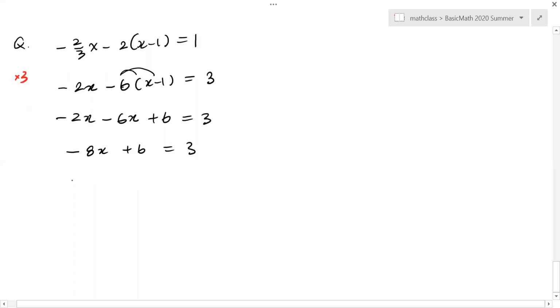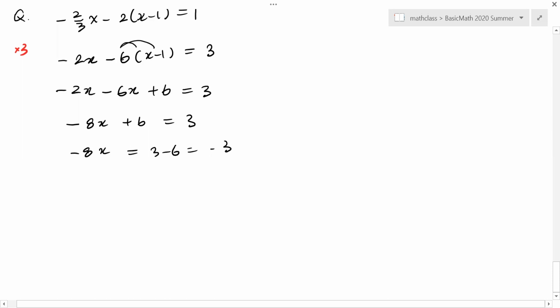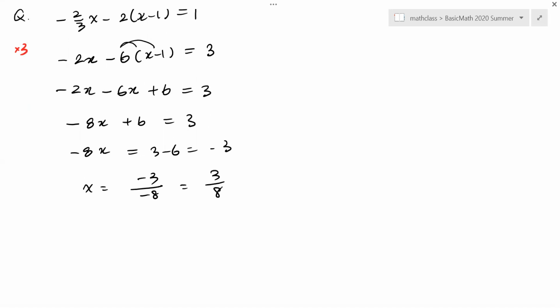Then you subtract 6 from both sides, you get 3 minus 6 is negative 3. Right? So now you divide both sides by negative 8. You get 3 over 8. Right? So look at your solution to see which step you made mistakes, so next time be more careful.